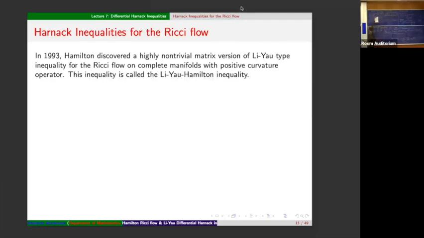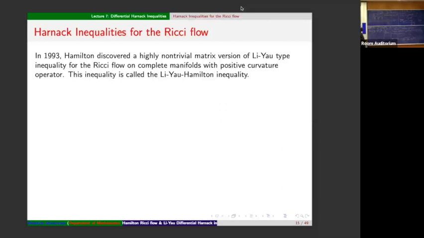Here, the Ricci curvature and the Ricci tensor evolve, and their non-linearity is more subtle than just the R squared that we have here. It's more subtle, so it's not so simple, just like the evolution of the scalar curvature.